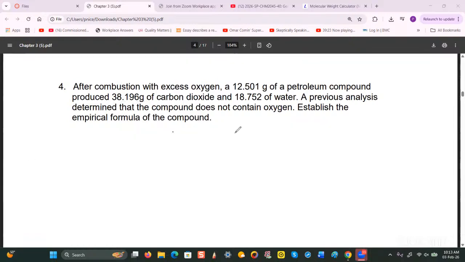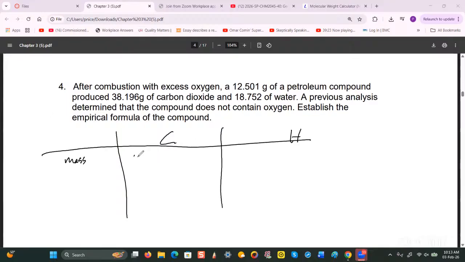So carbon, hydrogen, masses, right? So what was the mass of the carbon? 10.42 grams. And what was the mass of the hydrogen? 2.098 grams, all right?